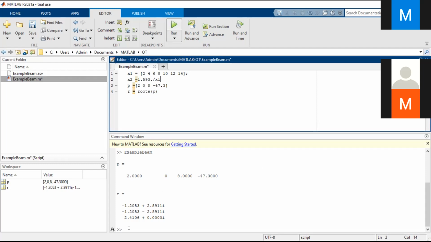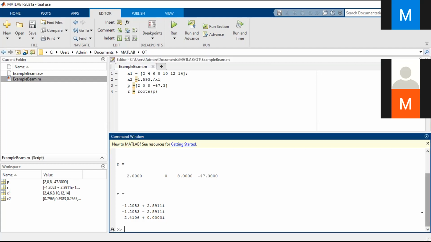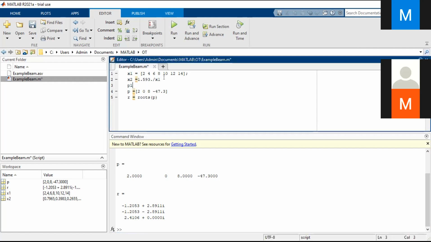Let me clear this. And then here there was the function we have plot, right? Plot x1, x2.